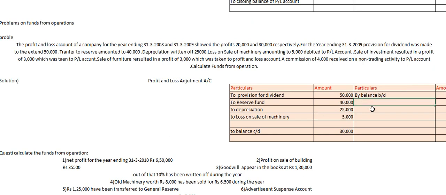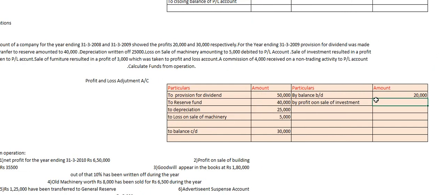Moving on to your credit side, your non-operating incomes and non-cash incomes. In the question we have sale of investment resulted in a profit of 3,000, which has been taken to profit and loss account. So by profit on sale of investment, amount is 3,000.